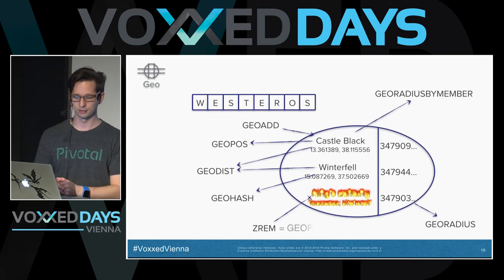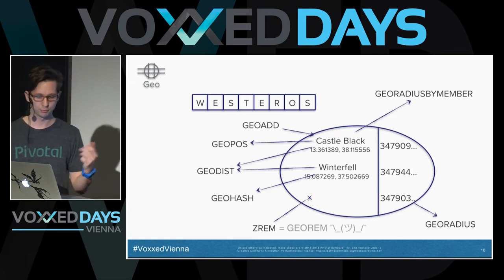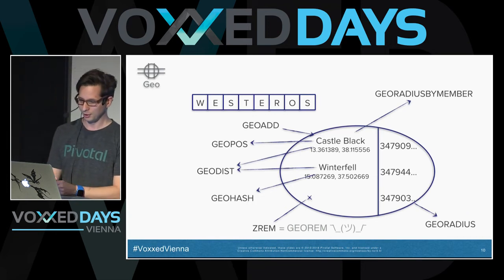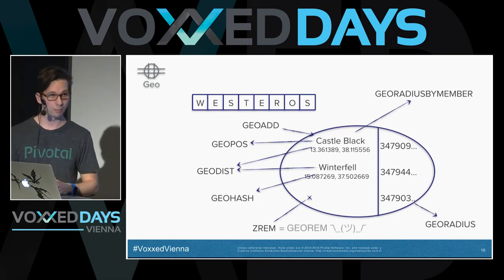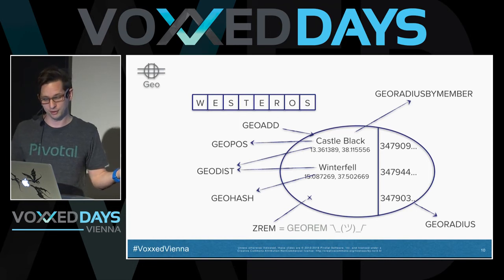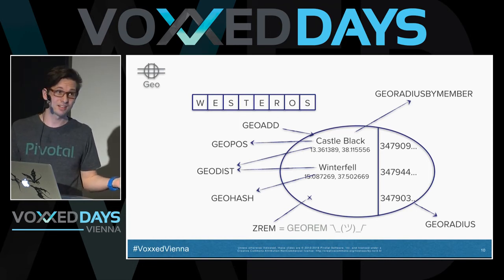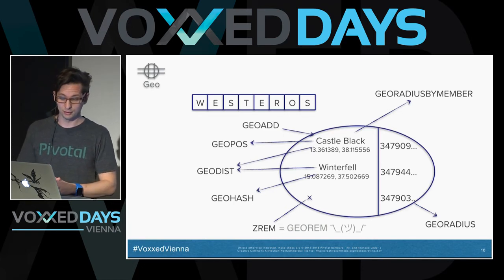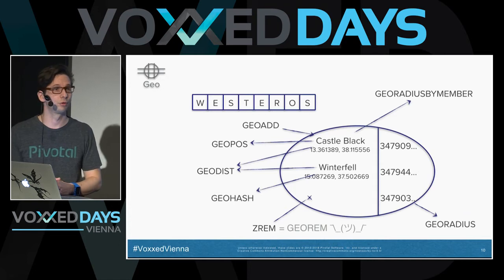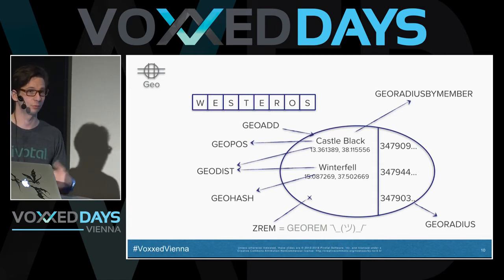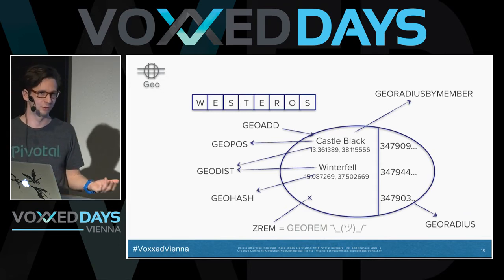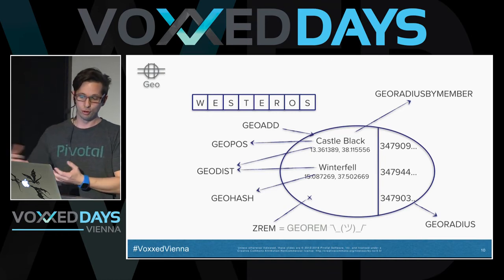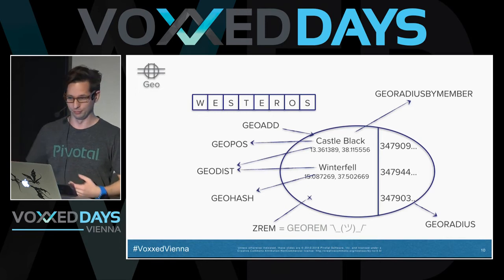And of course you can remove stuff from the set. In this case King's Landing was pretty much destroyed, so you can use ZREM to just remove that. ZREM in this case, because we are reusing the sorted set, and Salvatore didn't want to add a new command which isn't obviously necessary, so it's ZREM, which is more or less a geolocation remove.